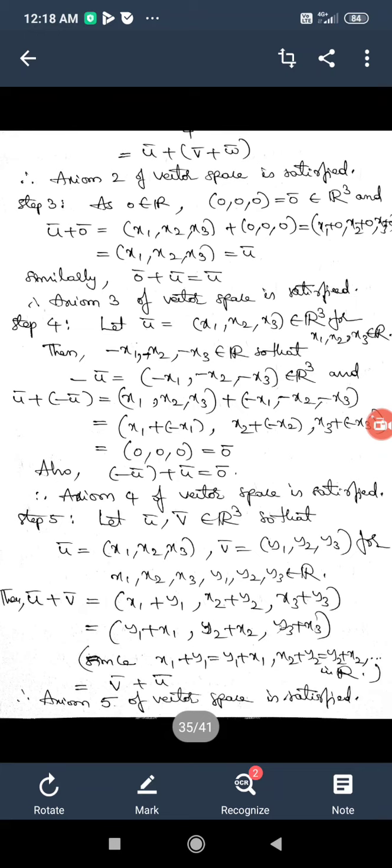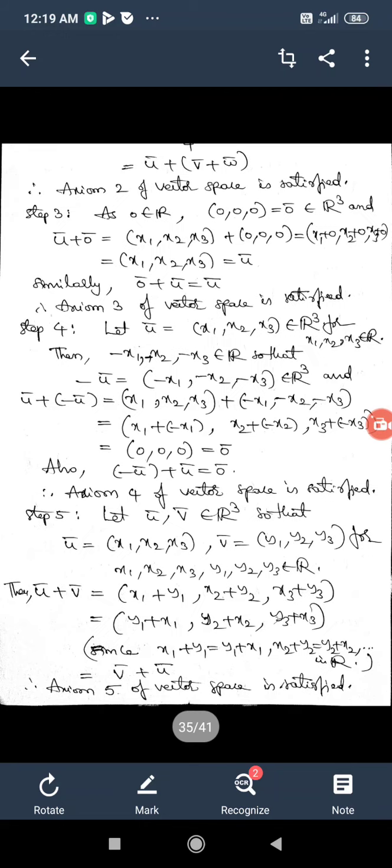That means I have used the property of the commutative axiom in the set capital R that we have seen in prerequisite topic 1, wherein I said that capital R has both vector addition and scalar multiplication defined in it.